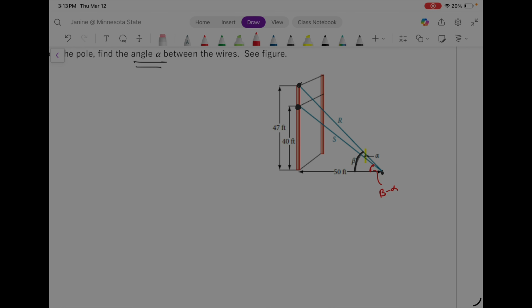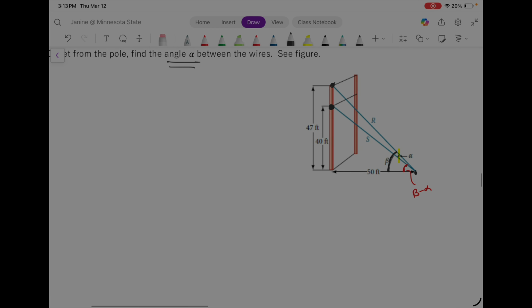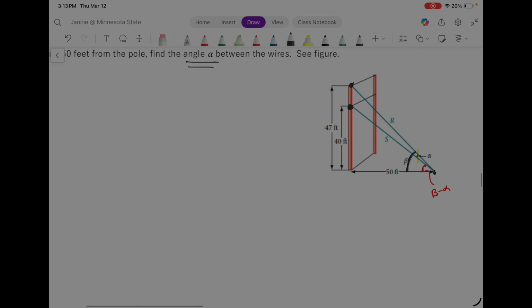So here's what I know. I know that the tangent of beta minus alpha is equal to 40 over 50. I can say 40 over 50, or I could do 4 over 5, right, to simplify it.